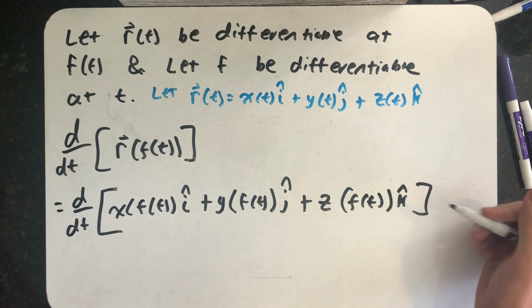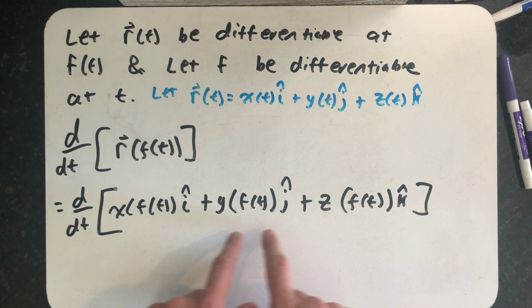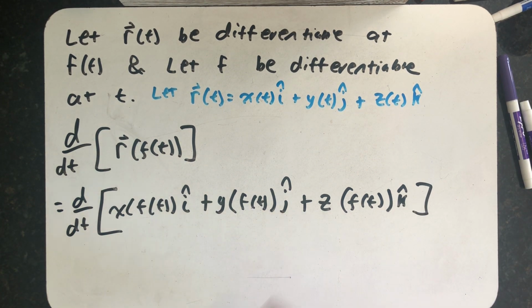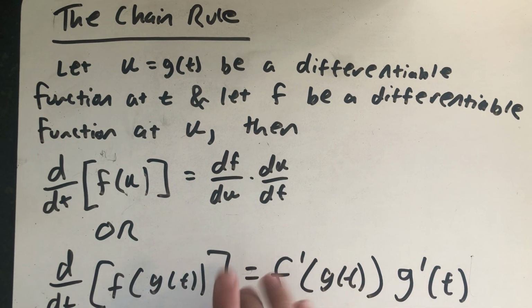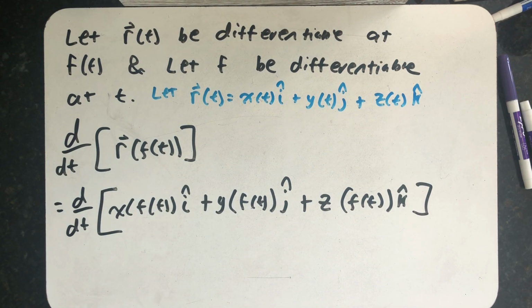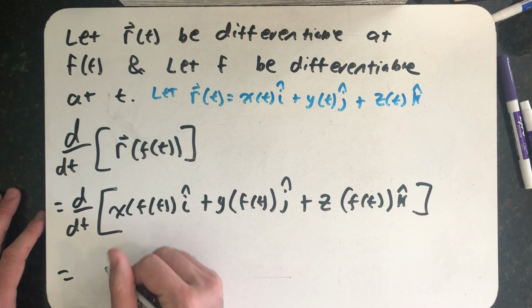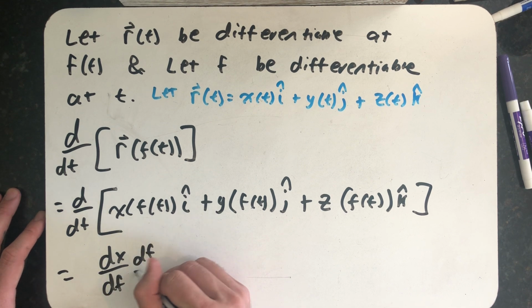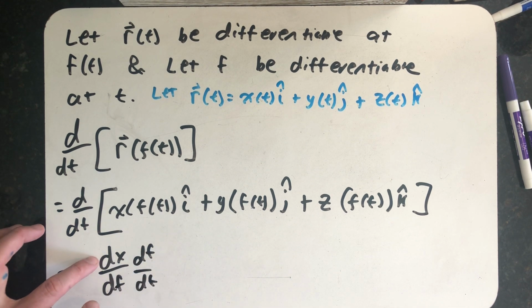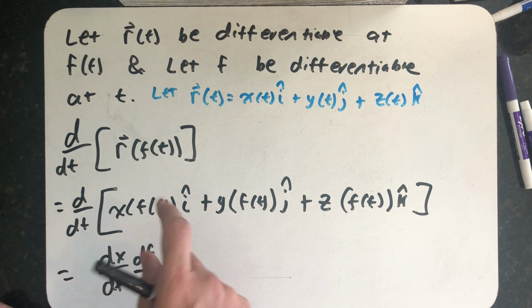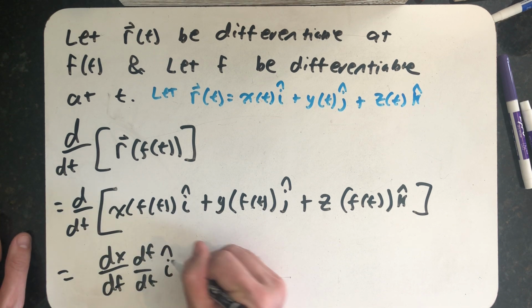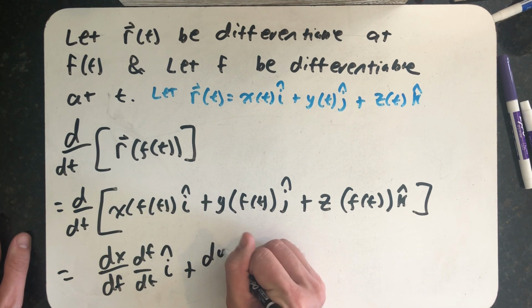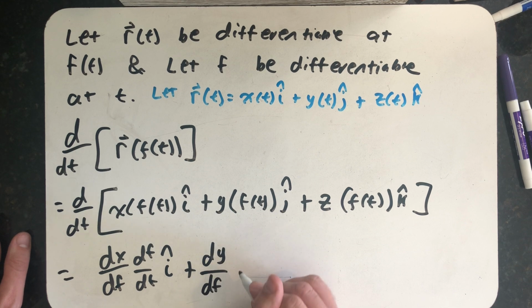Well, what I have now is the job of taking the derivative of all three scalar functions in the components, and those are just chain rule problems from Calc 1. So this derivative is dx df times df dt. The derivative of the outside function with respect to f, with respect to the inside function, leaving it alone, times df dt in the i component. And I just do that for all three components.